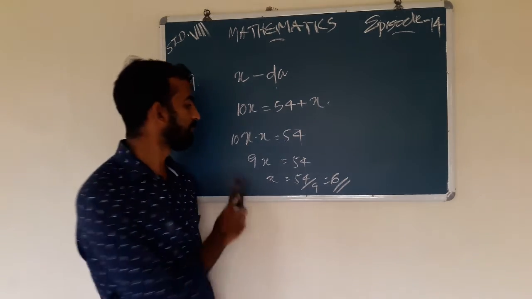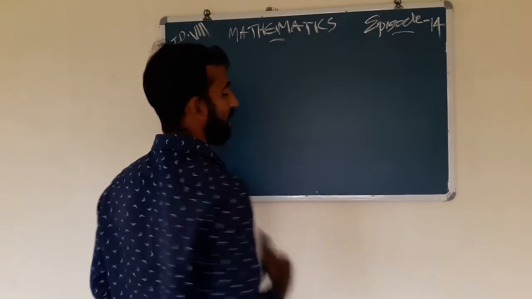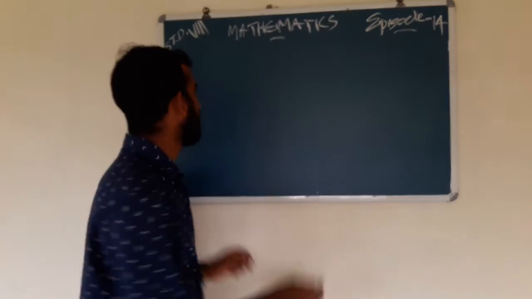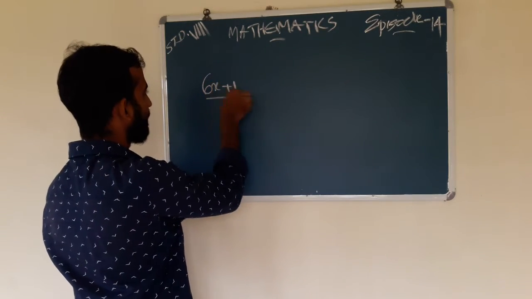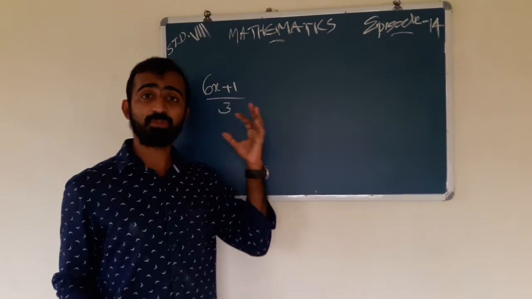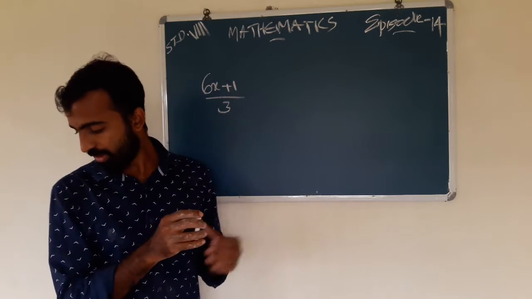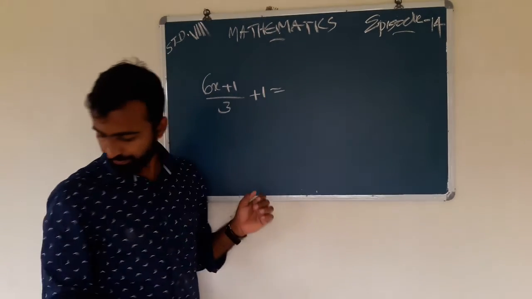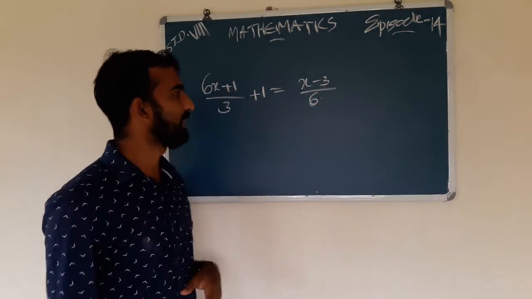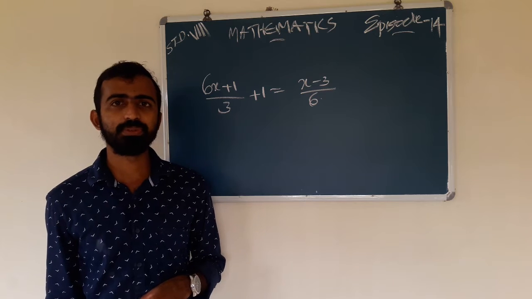Example 60: solve (6x plus 1) by 3 plus 1 equal to (x minus 3) by 6. Is it? Yes, that is what you get.